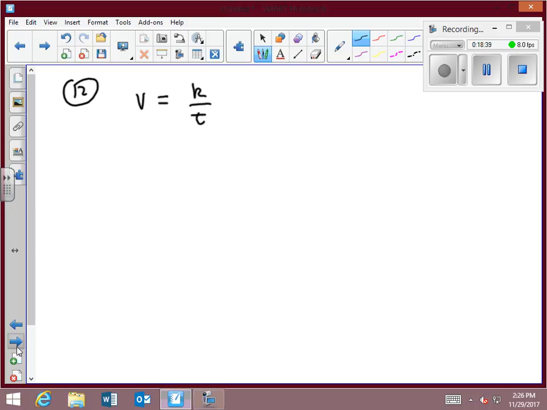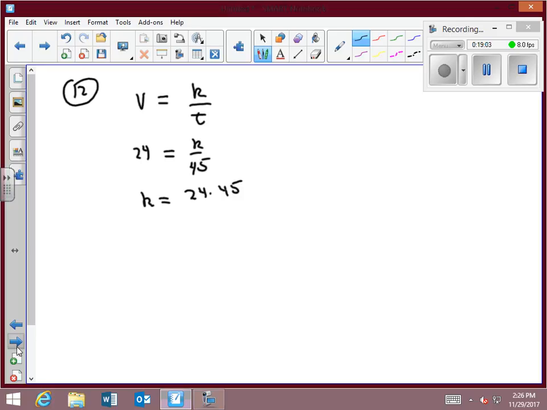It says a gear has 45 teeth and it makes 24 revolutions. So my constant of proportionality is 24 times 45.